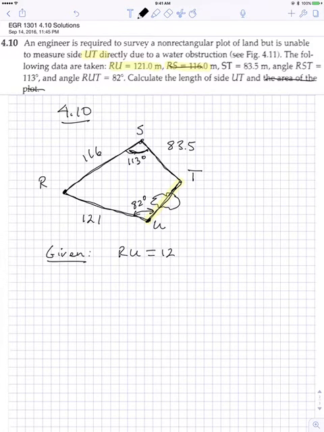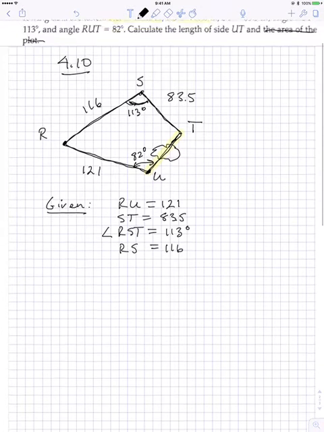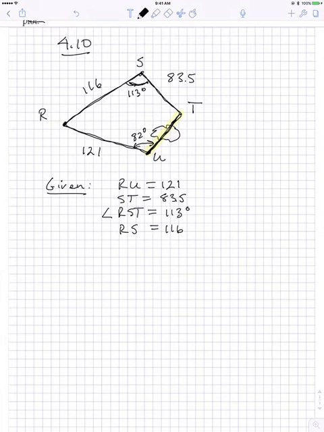So we know RU is 121, ST is 83.5, the angle RST is 113, and RS is 116. So we're trying to get to UT.